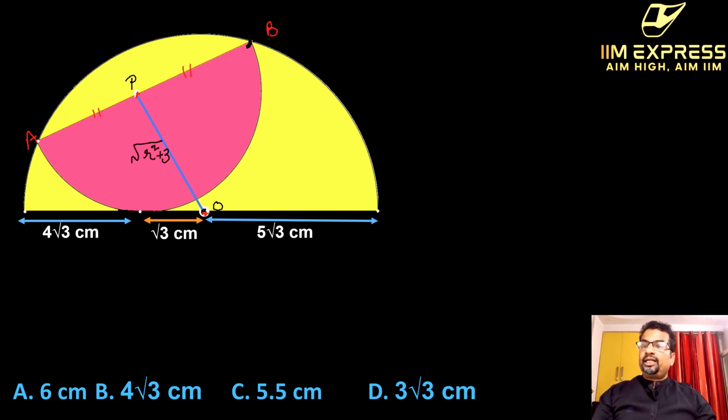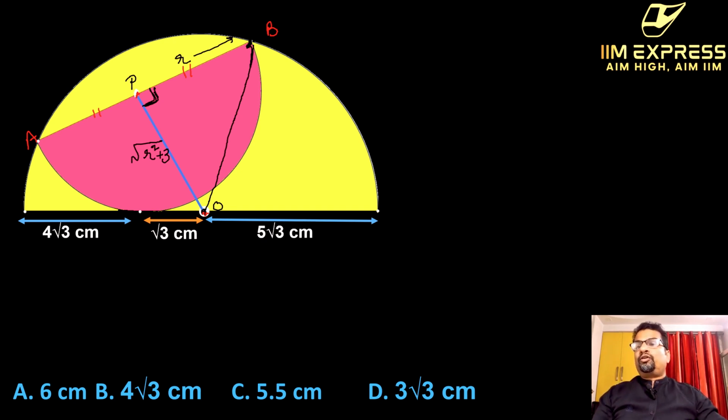So if I join the point O, which is center of yellow semicircle, with the midpoint of chord AB, it is always perpendicular. So this angle should be right angle. And now I can join B with O. PB is what?